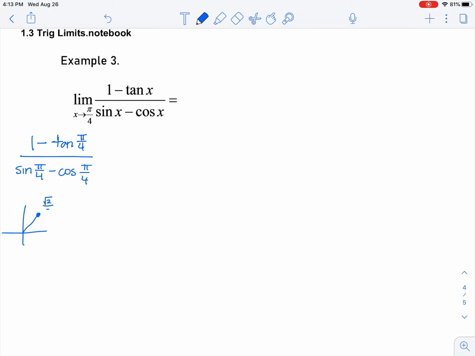It is the point root 2 over 2, root 2 over 2. So tangent is y over x. That's root 2 over 2 over root 2 over 2. Anything over itself is 1. So this is 1 minus 1. Tangent of pi over 4 is 1. Sine is root 2 over 2. Cosine is root 2 over 2. 0 over 0, indeterminate form.